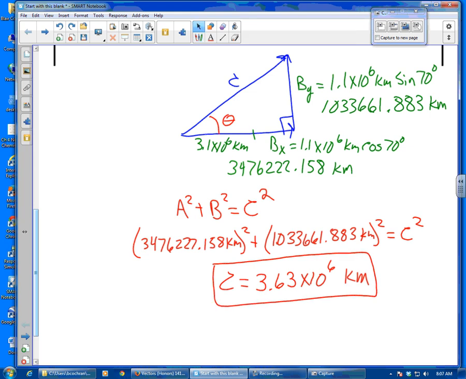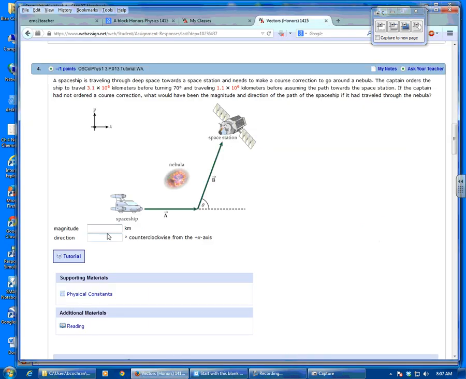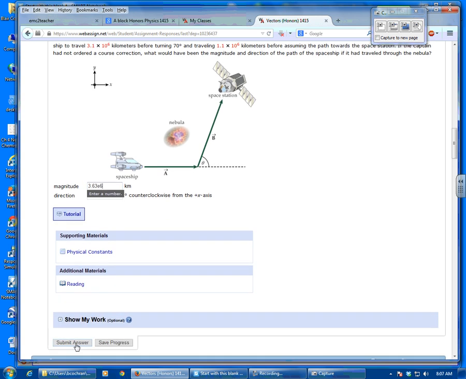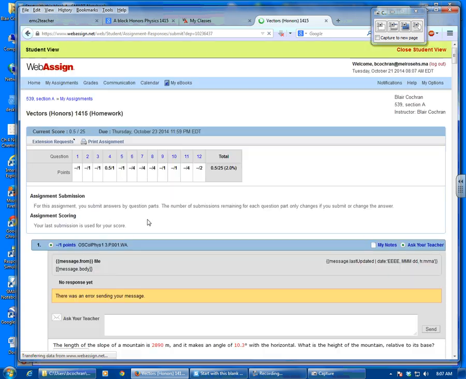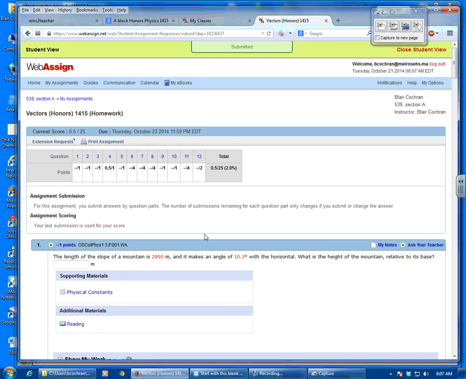And now let me see if that's right before I move on. You guys should be putting in your own numbers at this point, since you've been working in parallel. Or you can remember it and go back and do it later. I'm going to try putting in mine, so I put in 3.63 e to the 6th, and get my answer. This one had a tutorial attached, so you can walk through it with the tutorial.